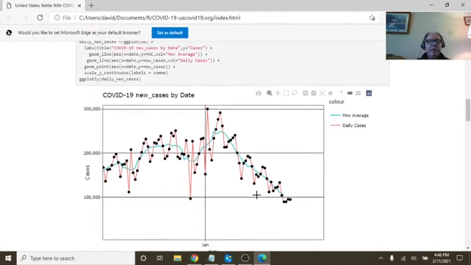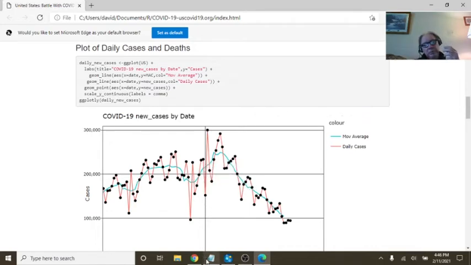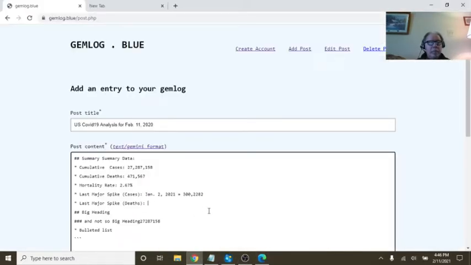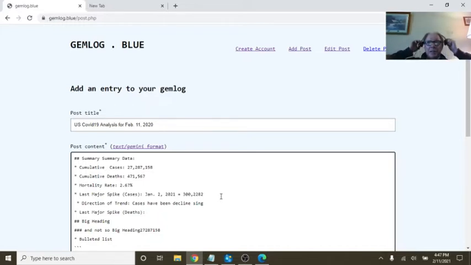When was the last spike in deaths? Well, I don't know what that means for next week. It could be okay.